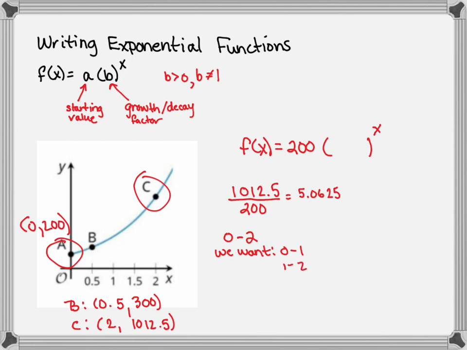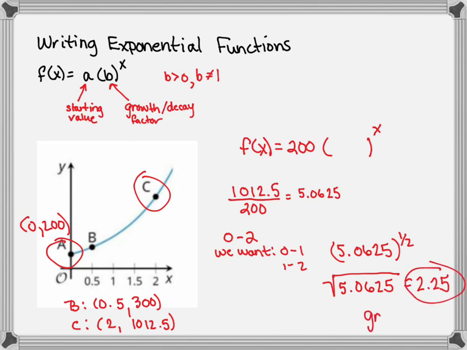And so we can take this 5.0625, since that came from values that were 2 units apart, we're going to take the square root or raise it to the 1/2 power. The square root of 5.0625 is 2.25. This is our growth factor. So our function is f of x equals 200 times 2.25 to the x power.